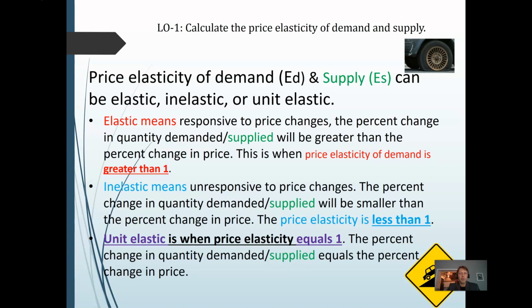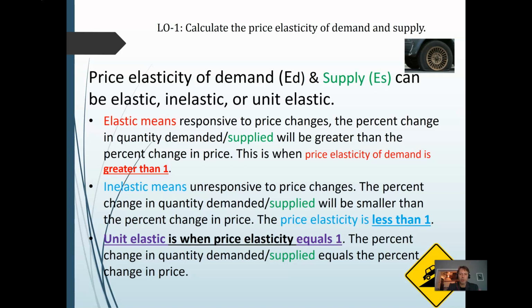What you should know is that when elasticity is greater than 1, we call that elastic. And you'll see a flat tire on the picture screen, and that's because graphically elastic lines are more flat, so that flat tire is to remind us of that. Inelastic means that price elasticity is less than 1, and you will see the picture of the car going up the steep incline.